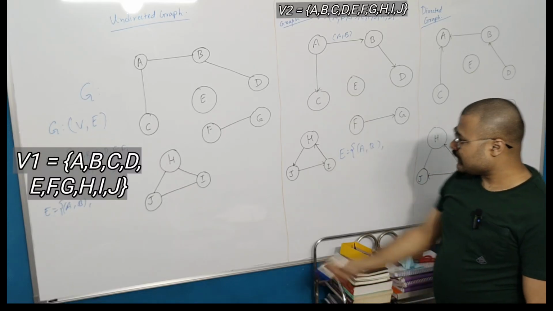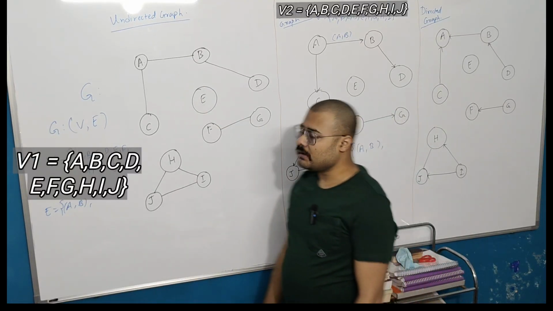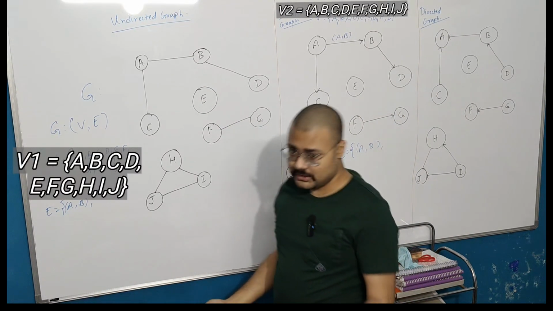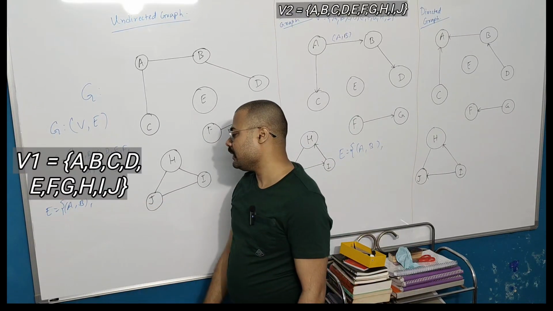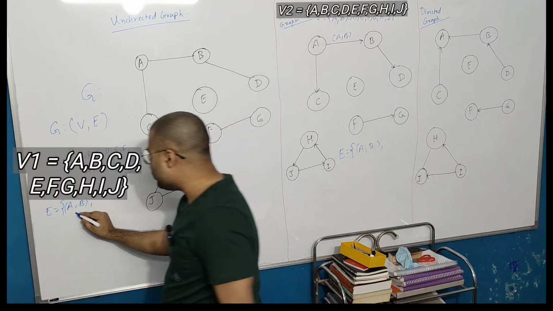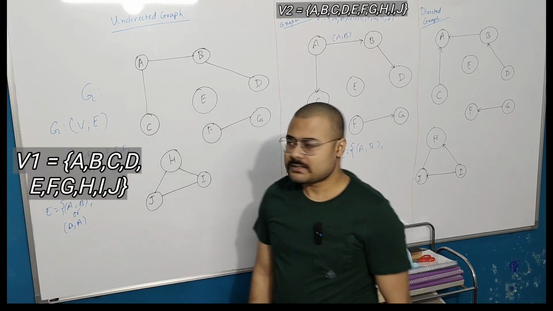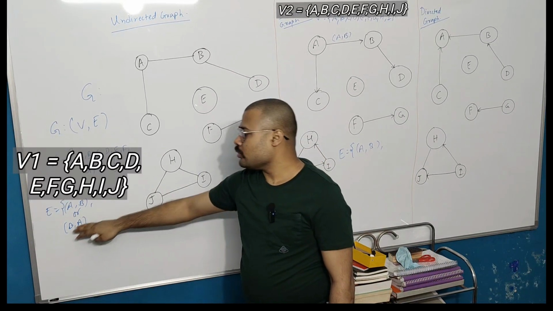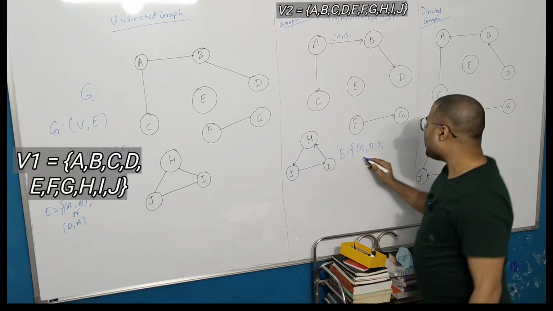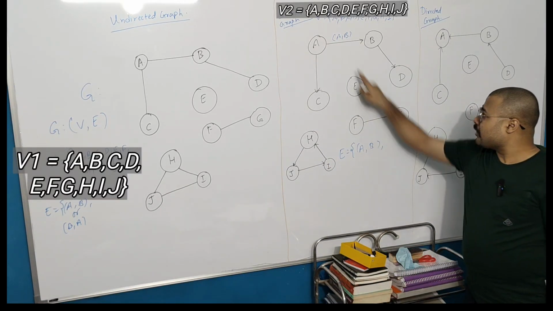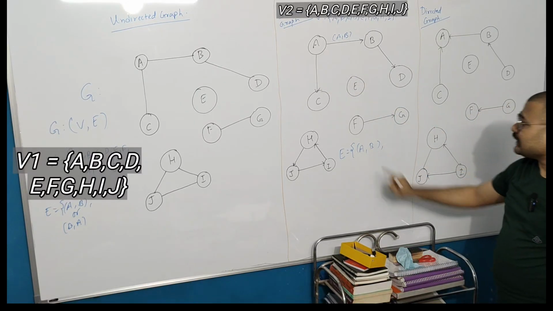But for this graph, this edge is an undirected edge. So in case of an undirected edge, there is no direction, and so either you write A, B, or you may write B, A also. The thing is the same. Both are the same. But here you can't write B comma A, because the edge is not directed from B to A. The edge is directed from A to B, so you have to write A comma B.